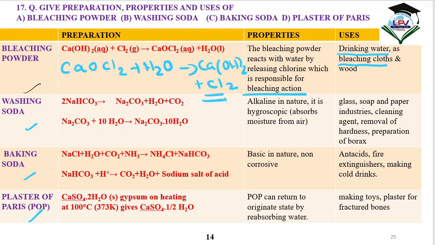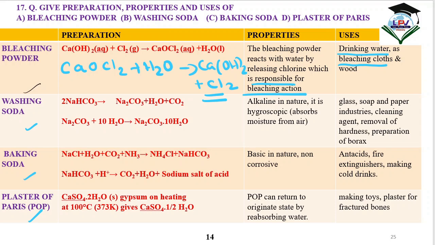This chlorine is the available chlorine, which is responsible for the bleaching purpose. So the first one, bleaching powder or calcium oxychloride, is prepared by treating slaked lime or calcium hydroxide with chlorine.